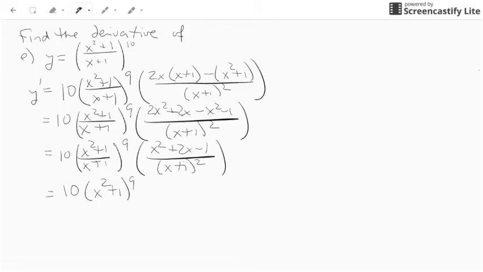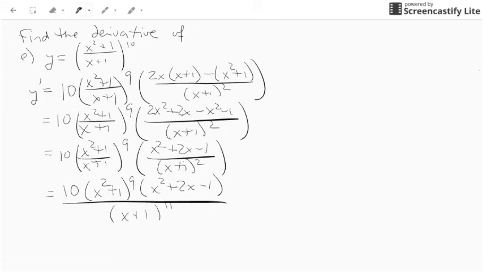Here, I'm going to get x squared plus 2x minus 1. Now, in those two factors I've got an x plus 1 to the 9 and an x plus 1 squared. So putting those together, this is going to get me x plus 1 to the 11. And this is one way of doing the derivative.